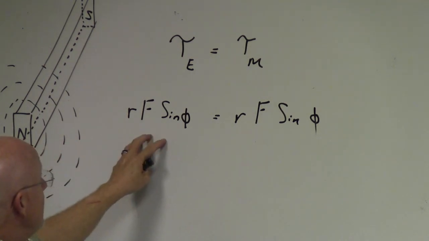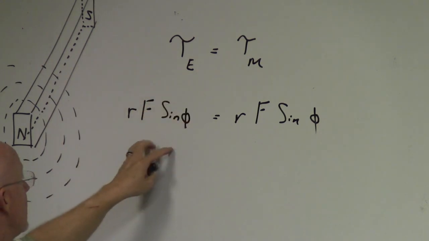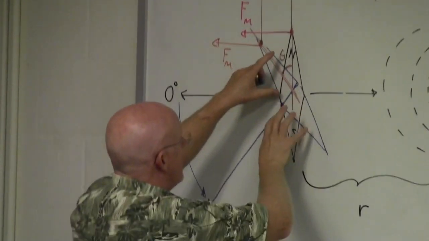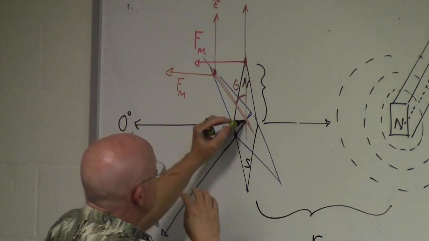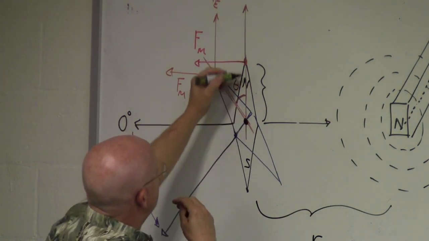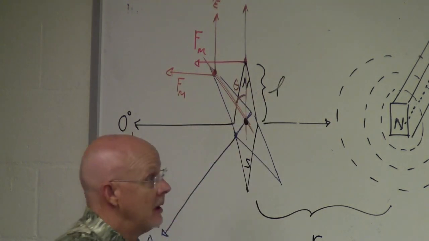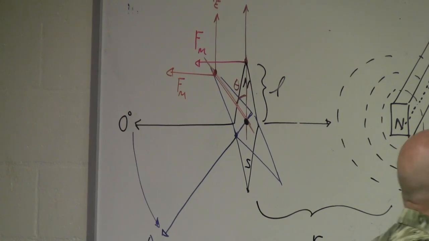This is the angle between them. So let's look at the Earth's magnetic field. So if I come over here and I look at the torque on this compass, and I call the distance from the pivot point on the compass to the monopole out here L, then I would say the R is the L.